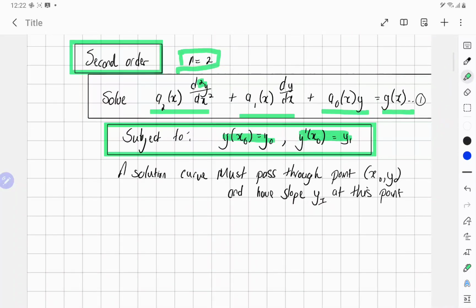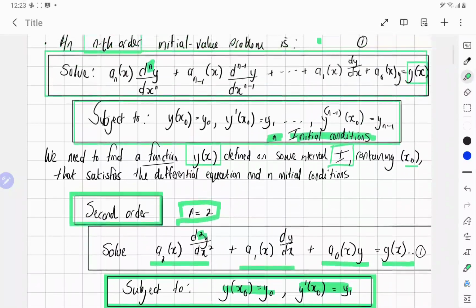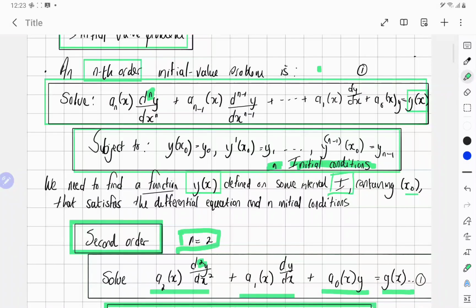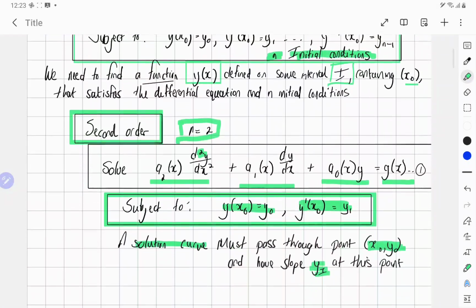So if I have a second order, it just means that my solution curve must always pass through the initial point and have a slope y1 at this point. So for now, nth order and second order, very important.